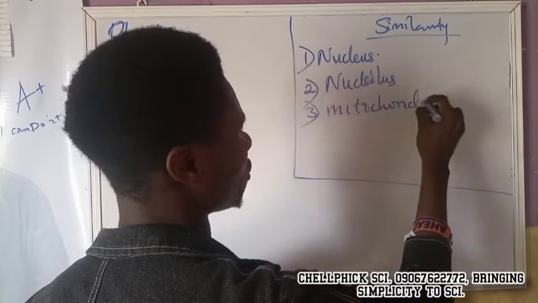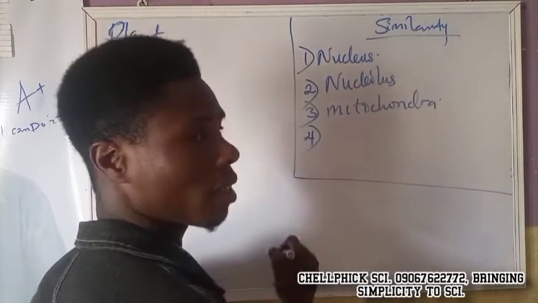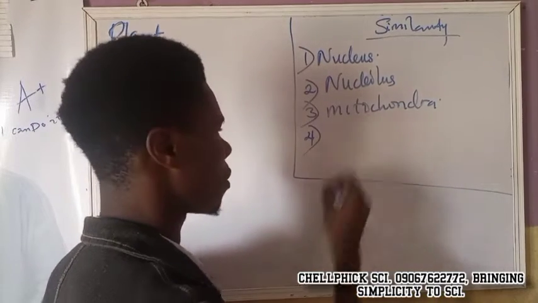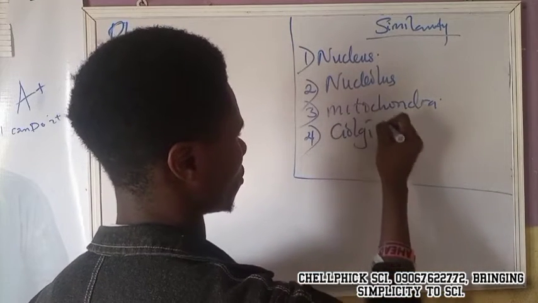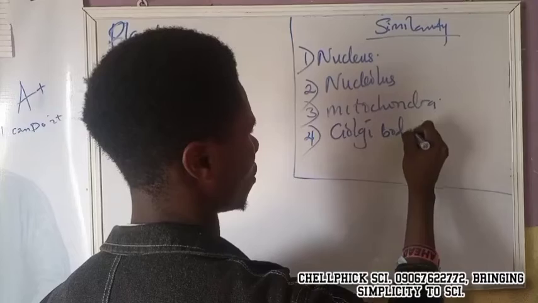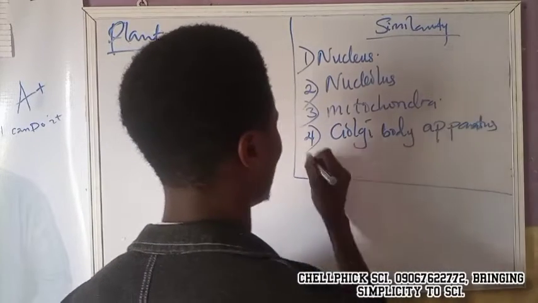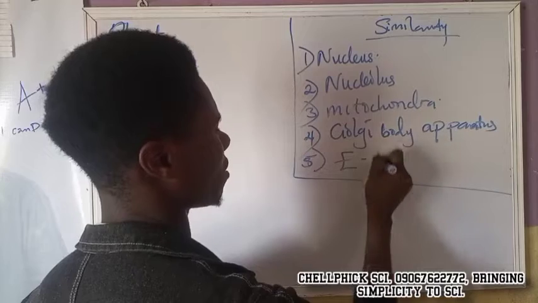I'm going to explain the function of everything. Number four, they both have Golgi body apparatus. They both have endoplasmic reticulum.